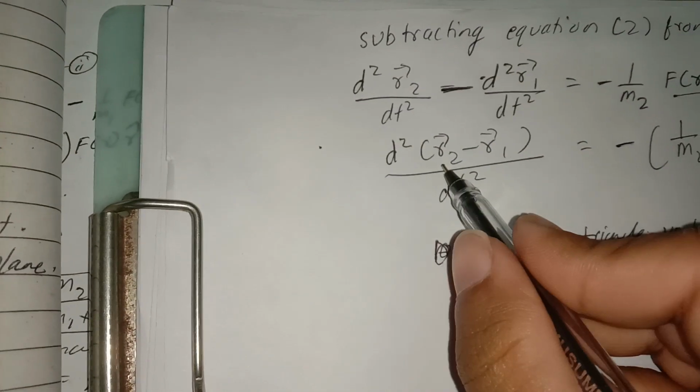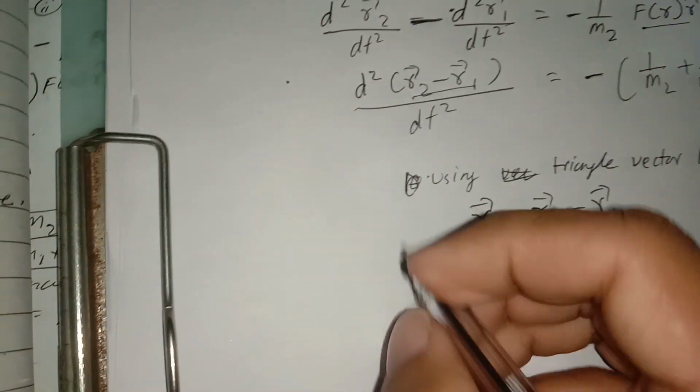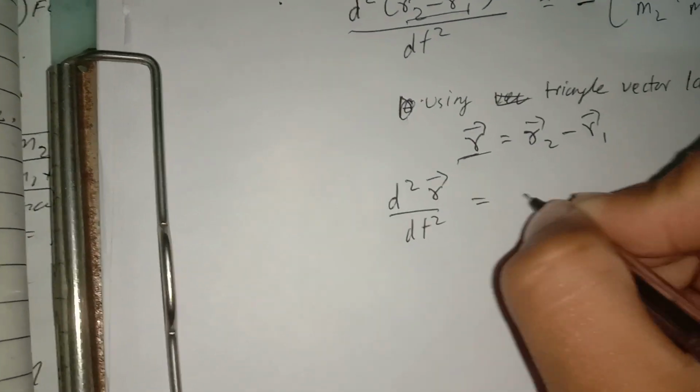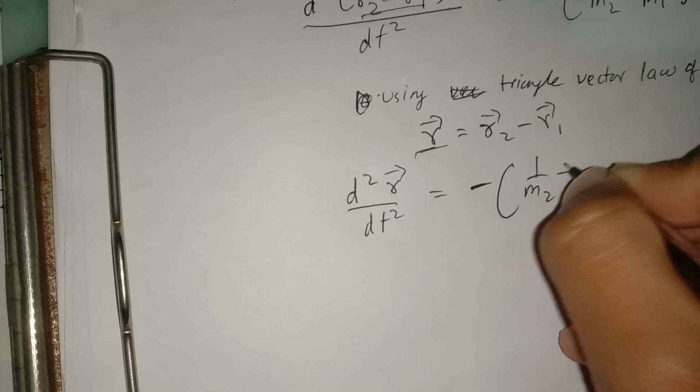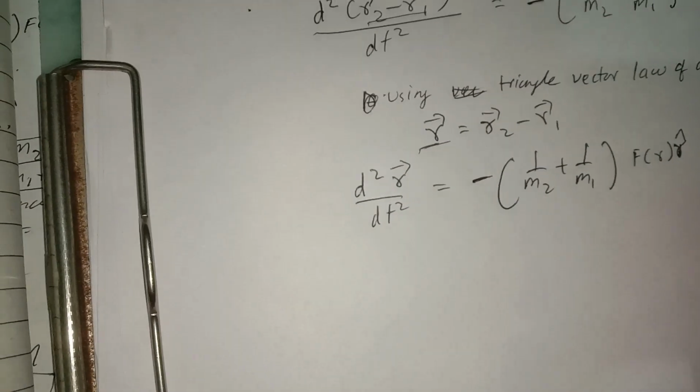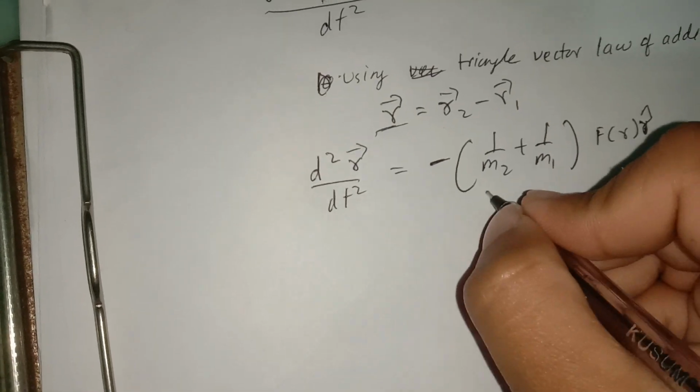So in this equation we can replace this with r. After replacing this, d square r by dt square is equal to negative of 1 by m2 plus 1 by m1, and now this.